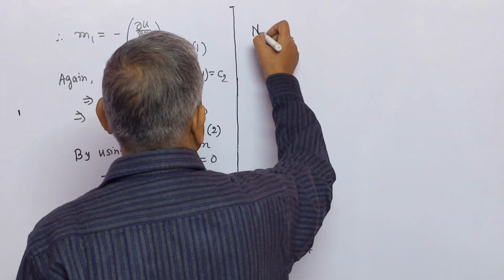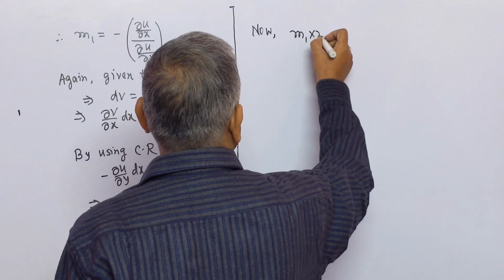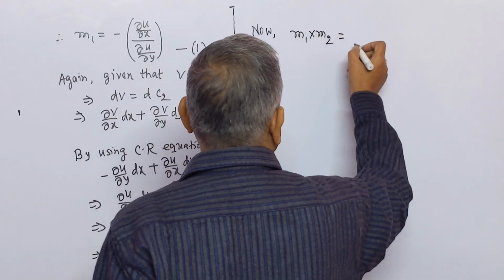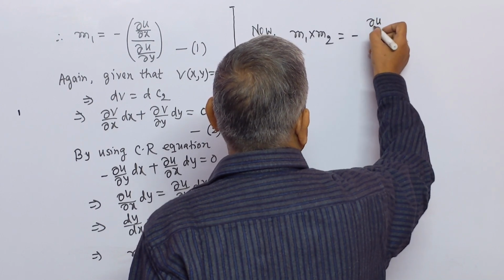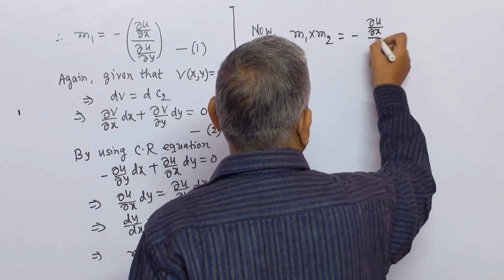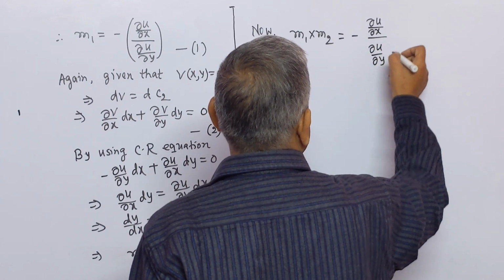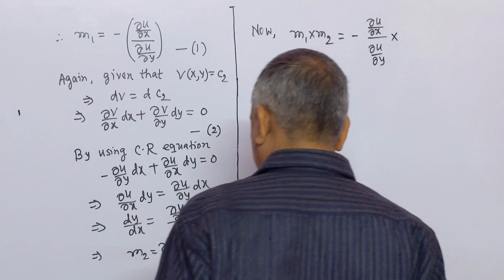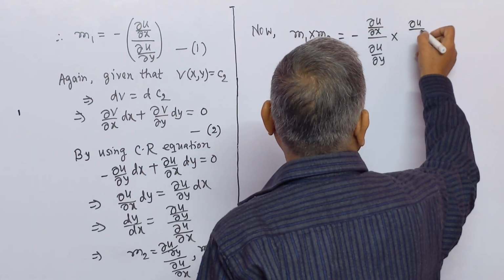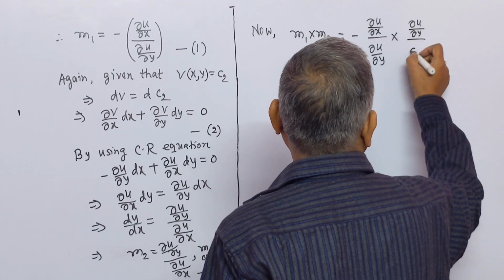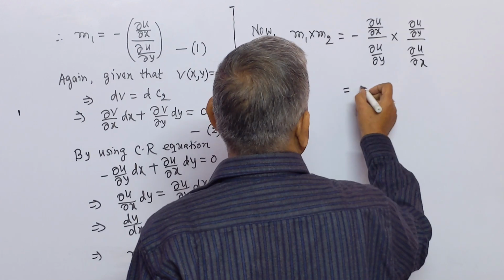Now m1 multiply m2. m1 is minus del u by del x by del u by del y, and m2 is del u by del y by del u by del x, and this is equal to minus 1.